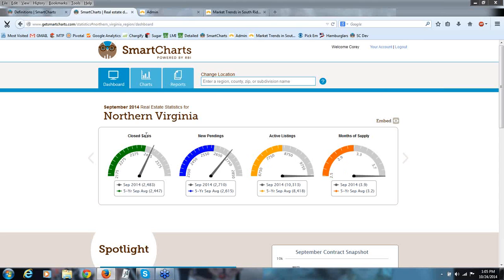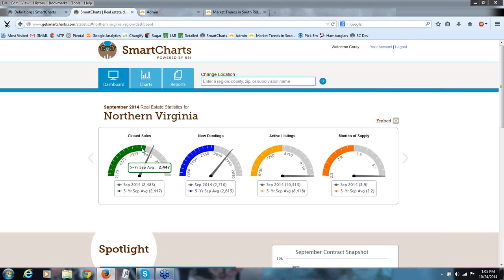So closed sales, for instance, here I can tell the most recent month's number of sales, 2483, how that compares to the 5-year average number of sales for September, which is where the color breaks. And if I hover over or look in the legend, I can see that the 5-year average is 2447.